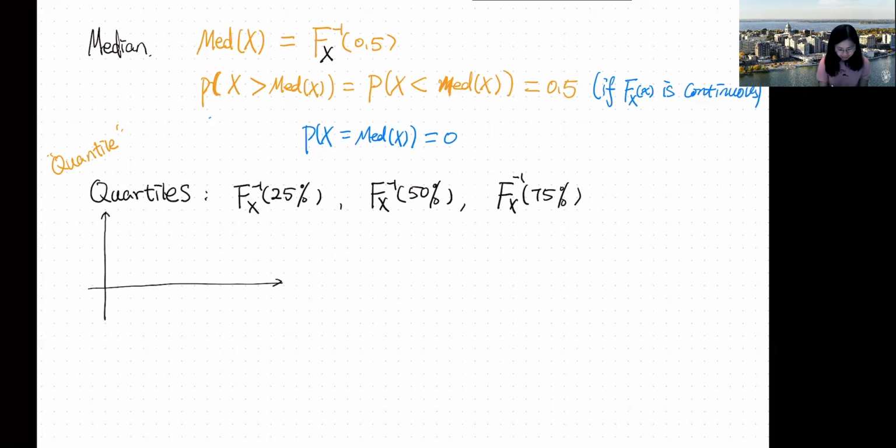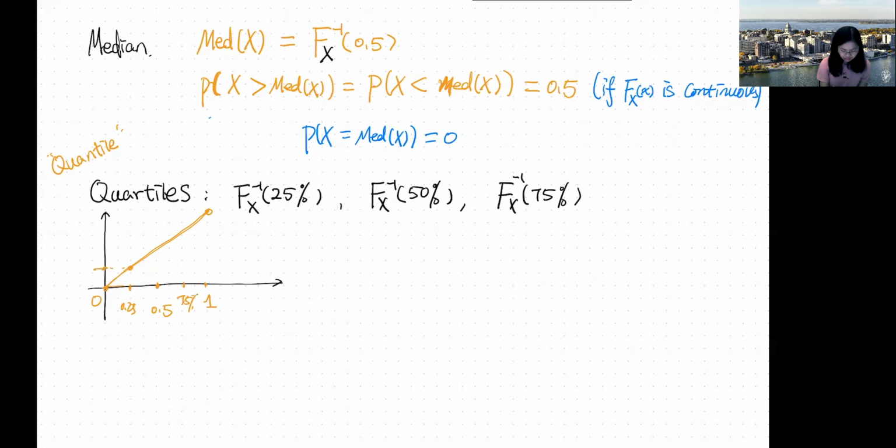So in the example that we just considered, where the quantile function is this 45-degree line on the 0-1 interval, the quartiles are the 25%, the median, and the 75% quantiles.